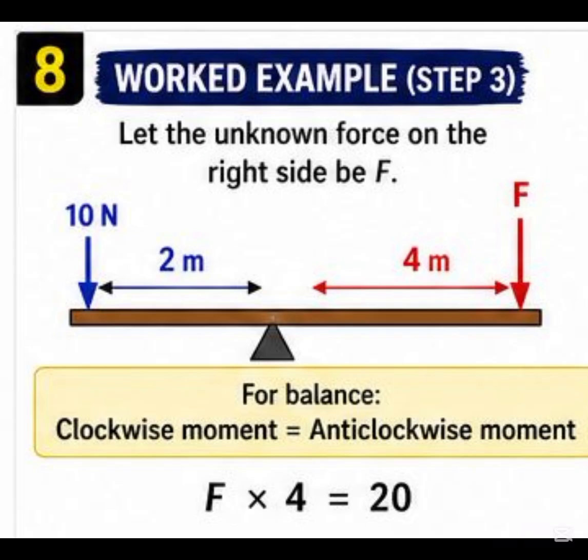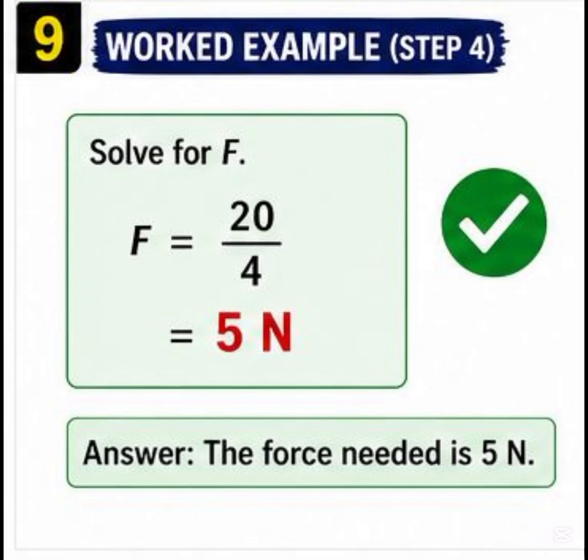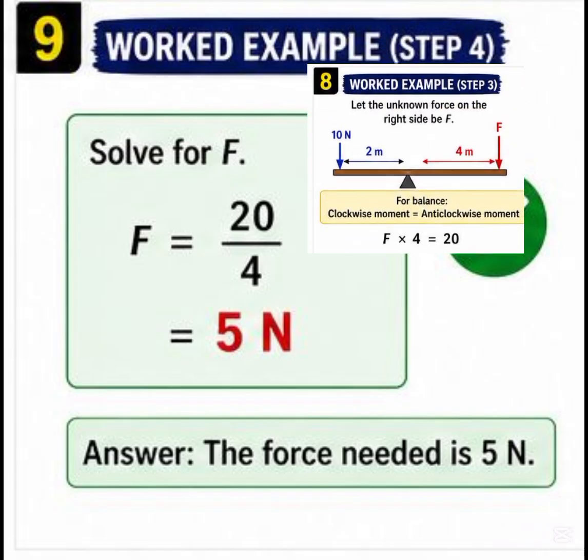That gives us 4F. Thereafter we equate to 20, meaning we take 20 and divide by 4, and that gives us 5 newtons, which is the force able to balance that plank that we saw in the question.